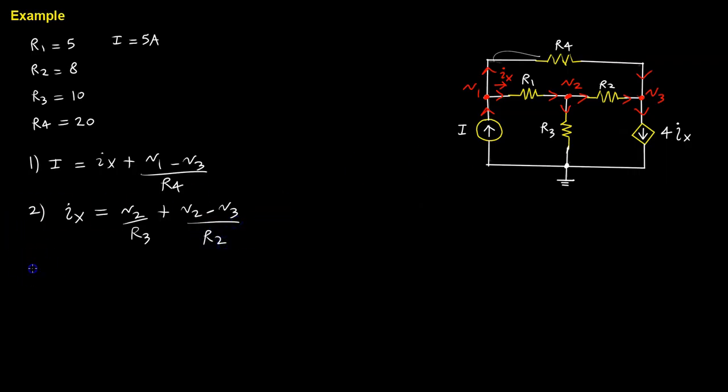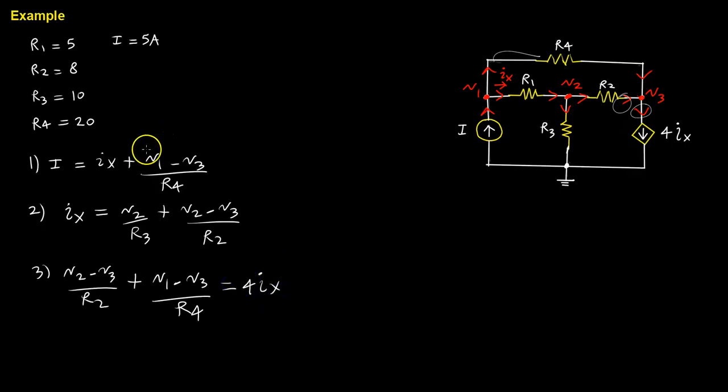The third one's going to be again (V2 minus V3) over R2, which is this current, plus this current is also adding into that node, which is (V1 minus V3) over R4, and all of that equals this current coming out, which is 4Ix.